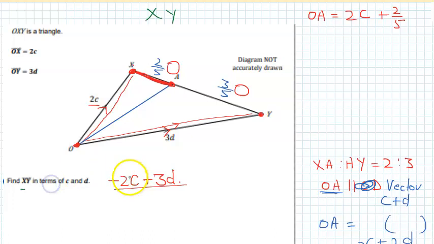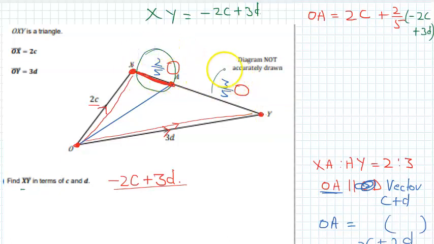This is XY. We have already calculated. XY is minus 2C plus 3D. But it is 2/5 of this. So minus 2C plus 3D. This is the part you have to understand. We have calculated XY. Here we are using the ratio theorem.